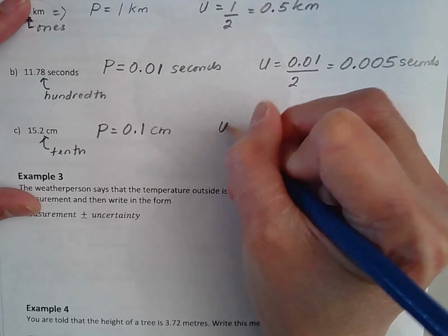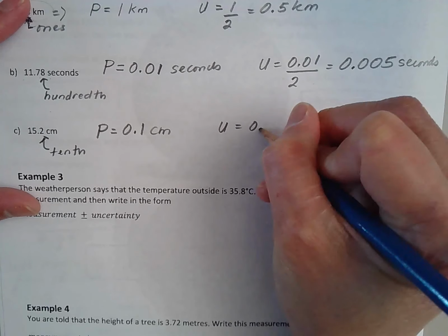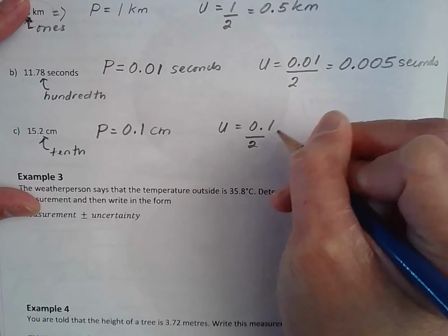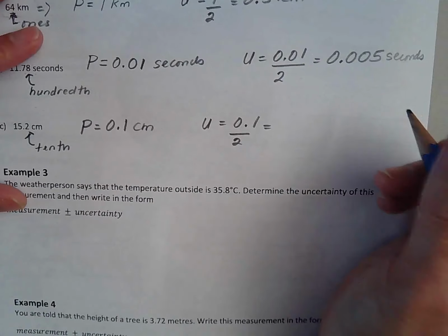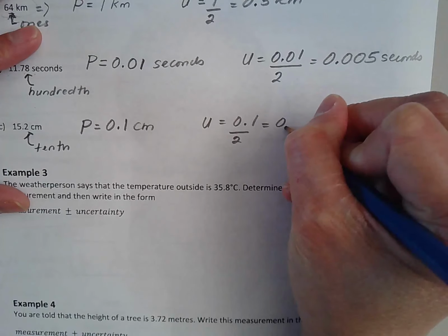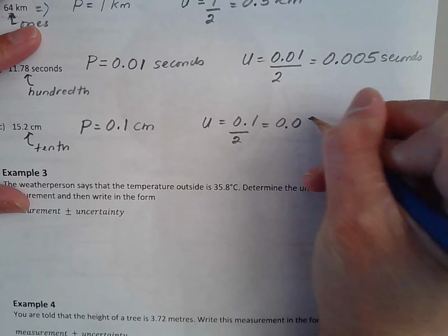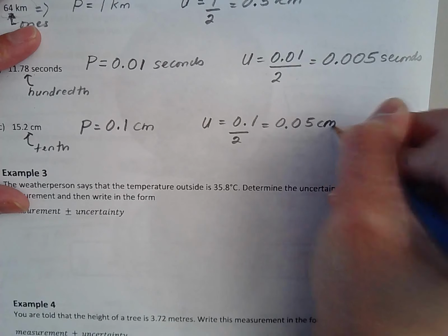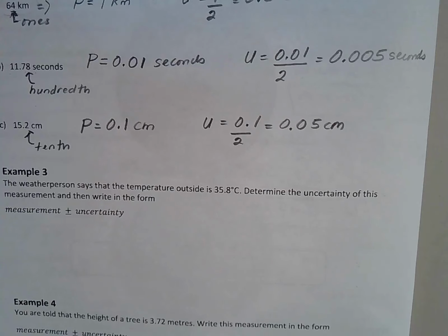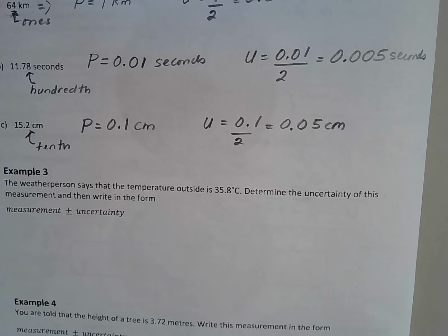So that means uncertainty is equal to 0.1 divided by 2. So it would be 0.05 centimeters. Okay.